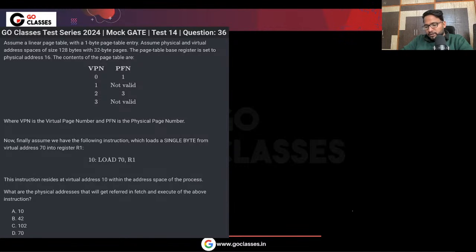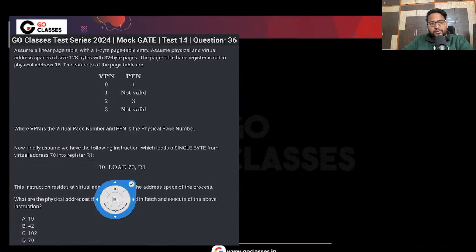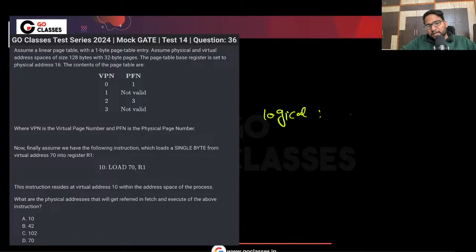Now let me know if this question is understood by everyone. What they're asking in this question is what are the physical addresses that are accessible. The logical addresses you are accessing are 10 and 70.